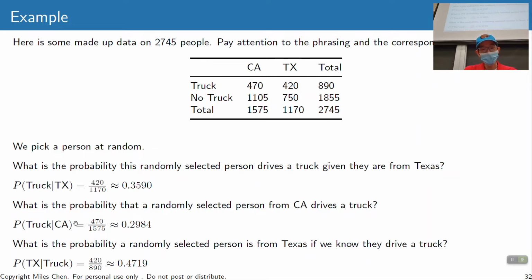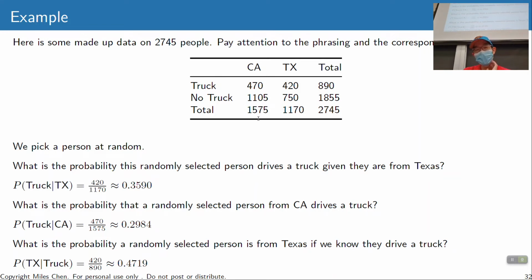What's the probability that a randomly selected person from California drives a truck? Here, the piece of information that's given to us is that they're from California, and we want to know the probability they drive a truck. Now that we know they're from California, that limits our denominator to 1,575.